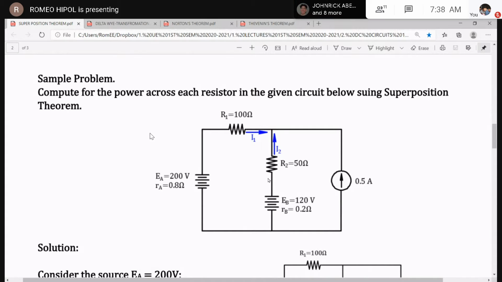Pero in case na in the given problem, hinahanap lang yung power across R1, so hindi na natin kailangan i-compute yung value ng current flowing to R2. Yung hinihinging value lang. Naintindihan? So hindi na kailangan i-compute yung iba pang branch current kung hindi naman kailangan or hinihingi sa problem.